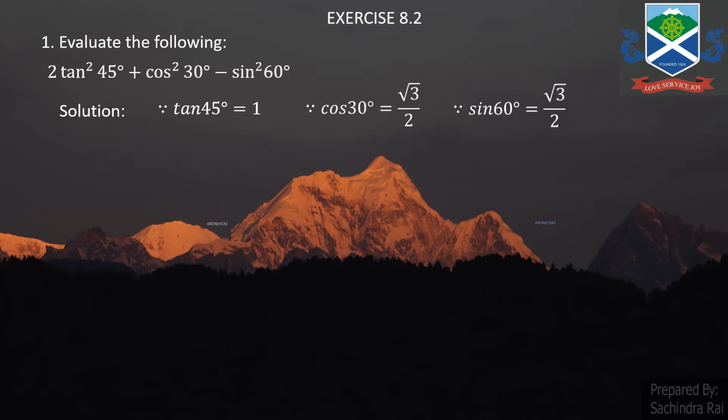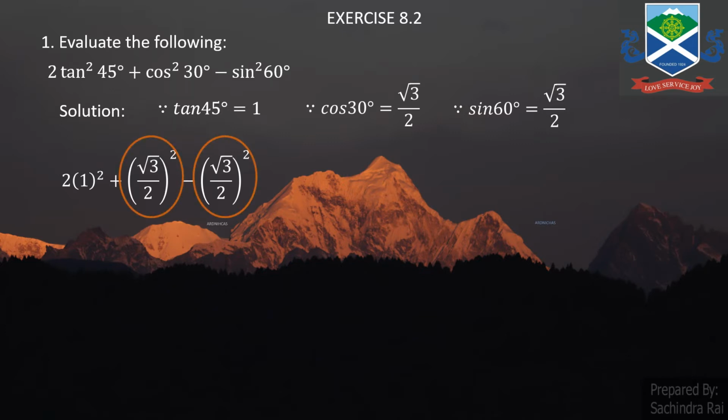We know that they are just the opposite to each other. So when you put the value of all these ratios, that is tan, cos and sin, we get this expression here: 2 into 1 square plus root 3 by 2 whole square minus root 3 by 2 whole square. We see that these two values are equal but opposite to each other.